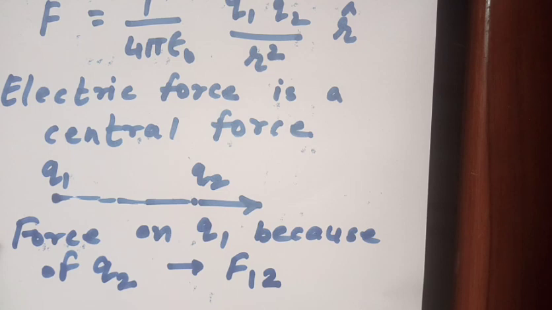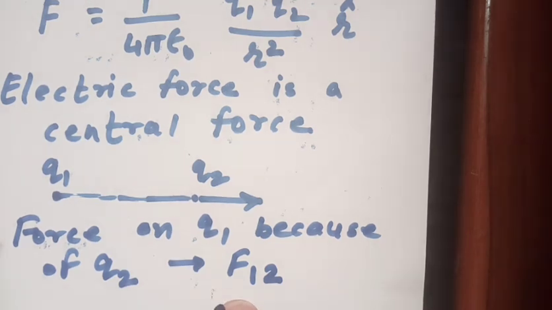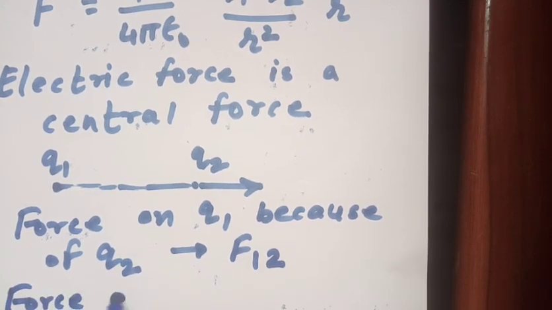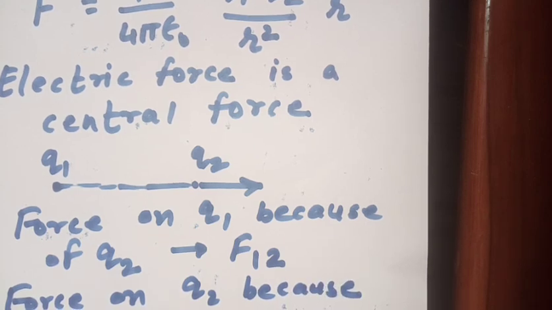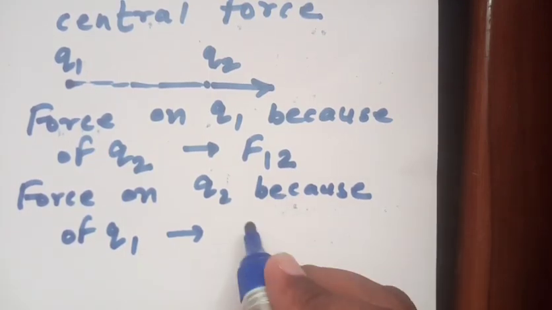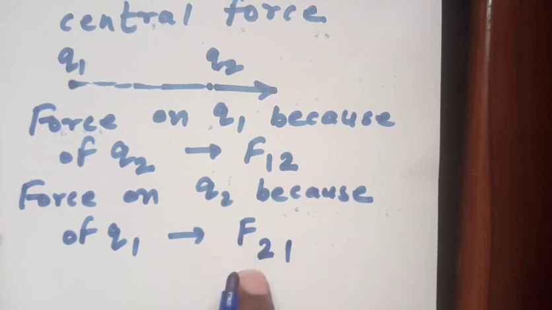So it means force on Q1 because of Q2, or force on first because of the second, and force on Q2 because of Q1 can be written as F21. Force on second because of the first.